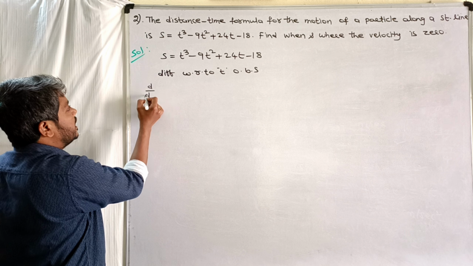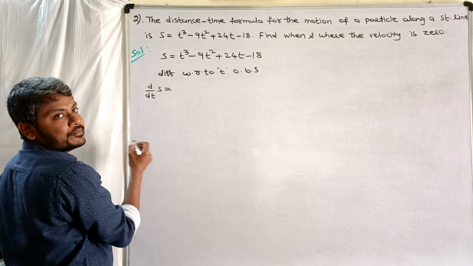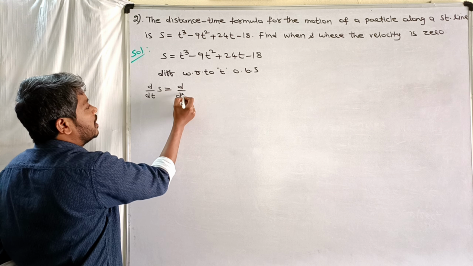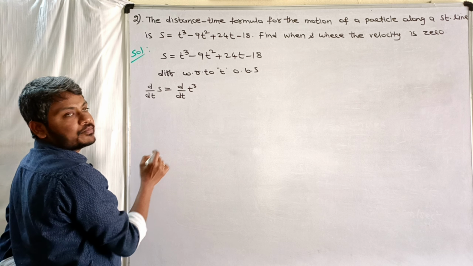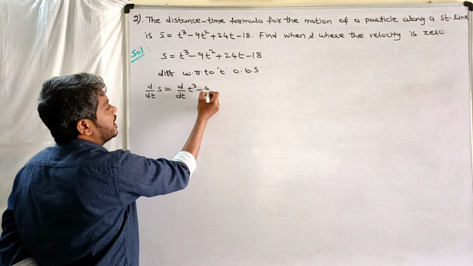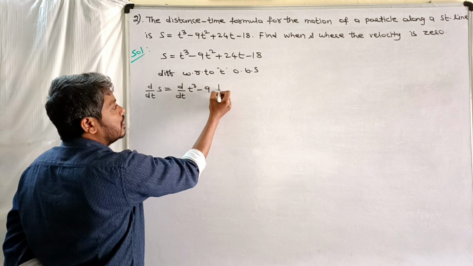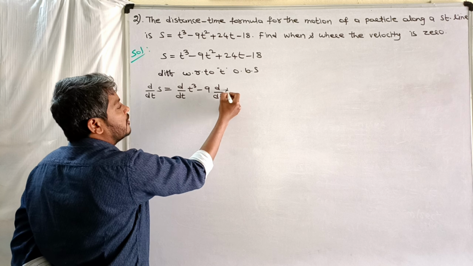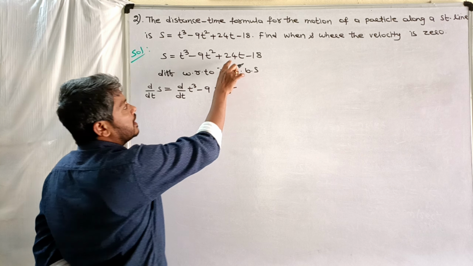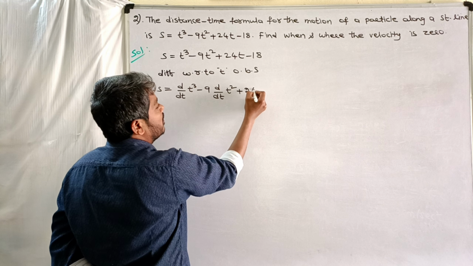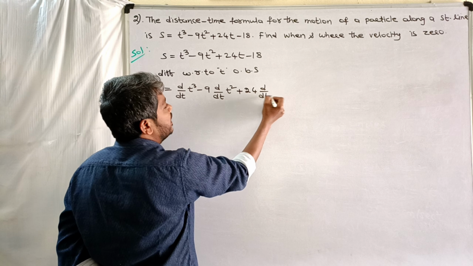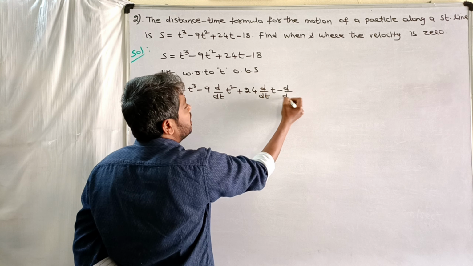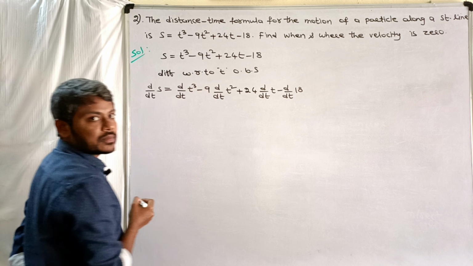That is d by dt of the left hand side, and d by dt of t cube, 9 is constant as it is, minus 9 times d by dt of t square, again 24 constant, plus 24 into d by dt of t, minus d by dt of 18.